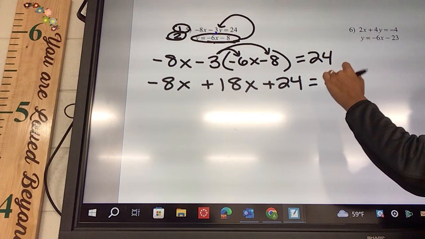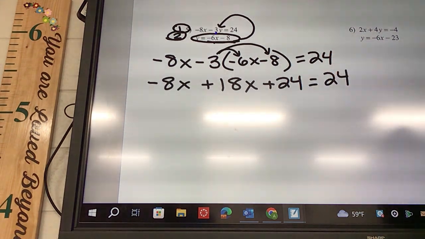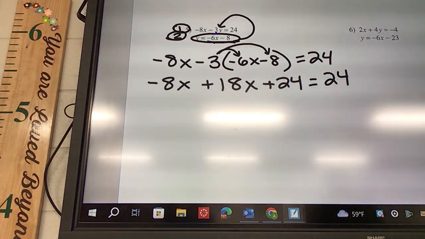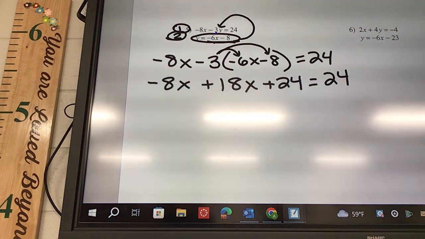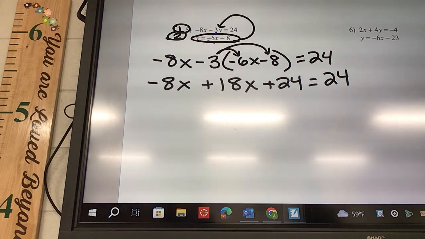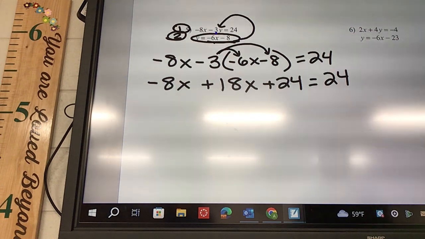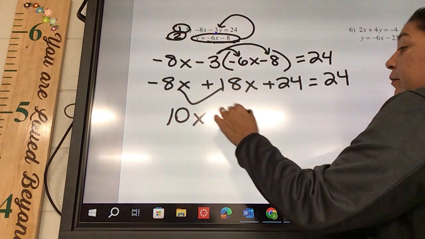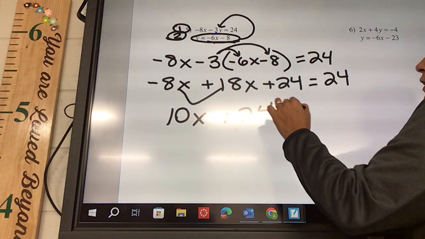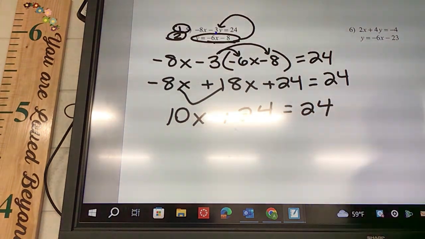Equals, and we have this 24 on the end. This is where I said some of you are going to have to do the math skills that you know. If you look at this equation, what needs done? The x's. So what is negative 8 plus 18? 10. So we got 10x plus 24 equals 24.